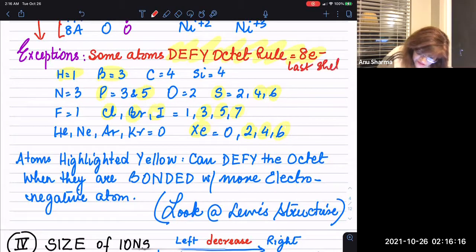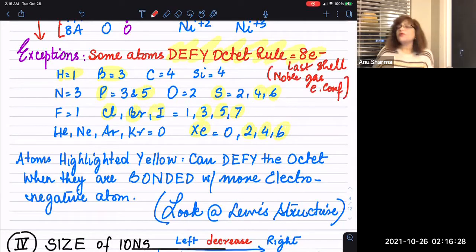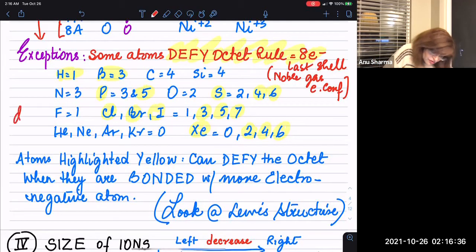They also want to have a noble gas electronic configuration. This is the reason why they lose or gain electrons, but they can also defy that octet, and this is because of the presence of d orbitals. D orbitals allow them to expand.